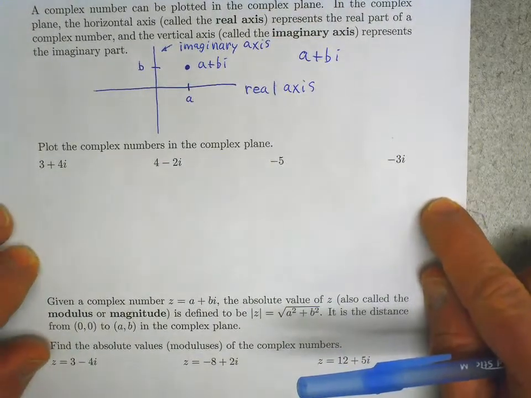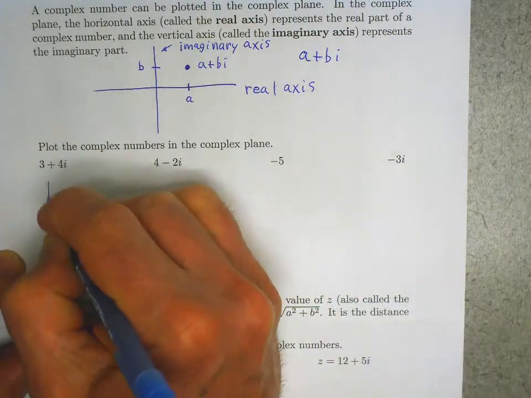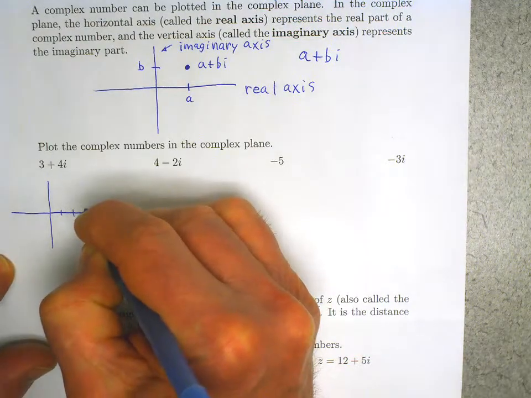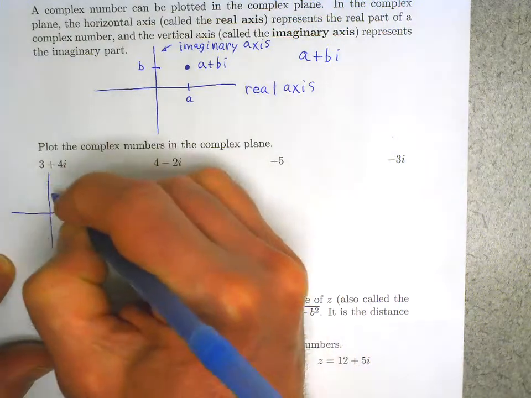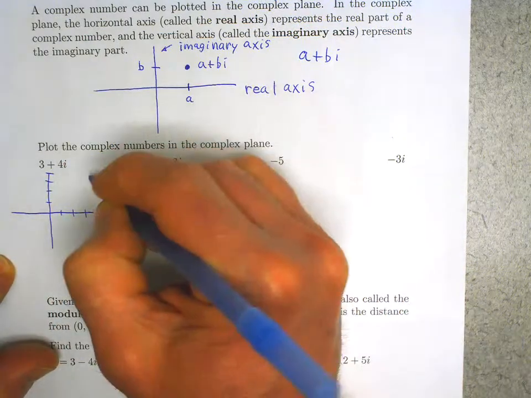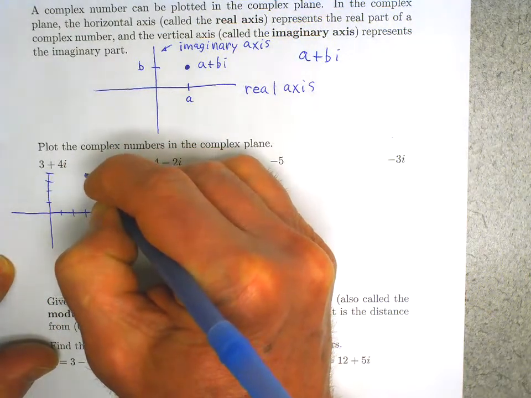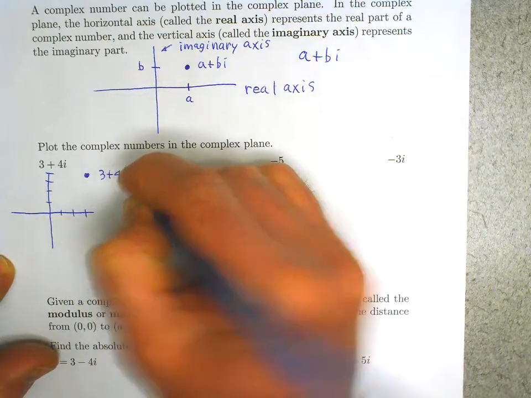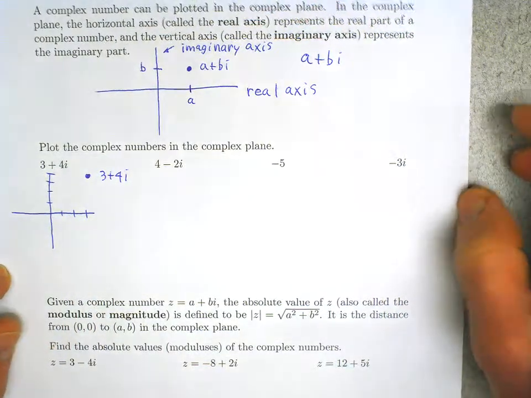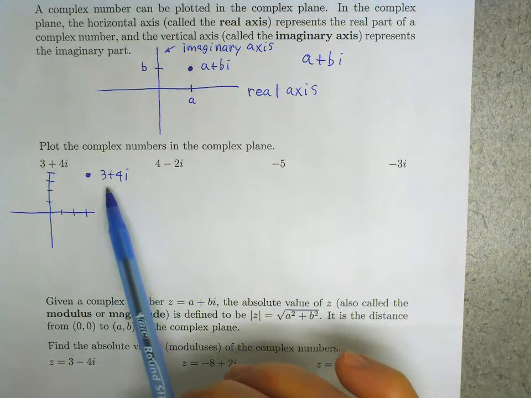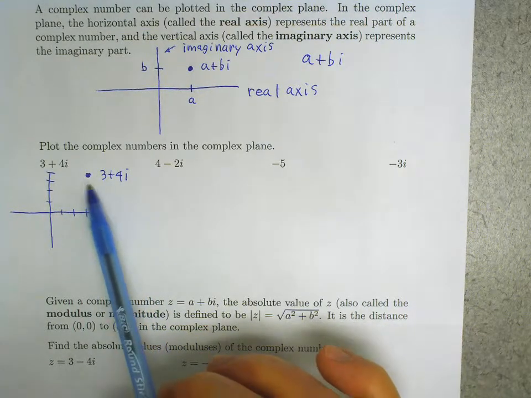3 plus 4i. So the real part is 3. The imaginary part is 4. So here is our 3 plus 4i. It will be useful to note that it's in the first quadrant.